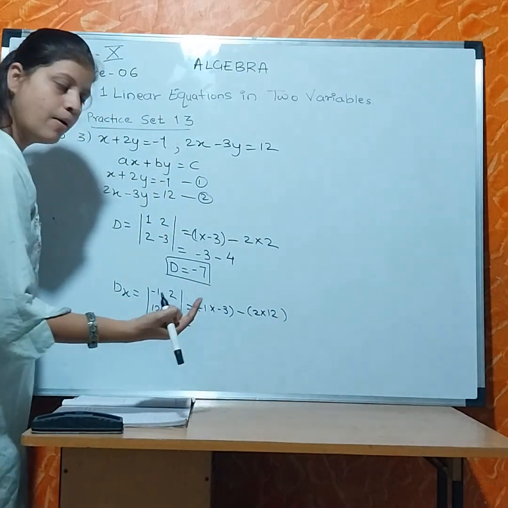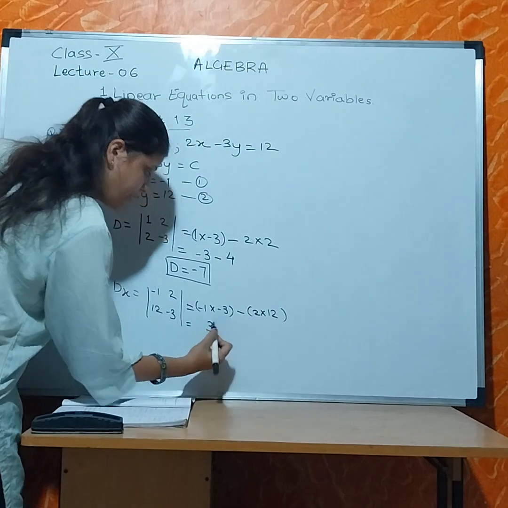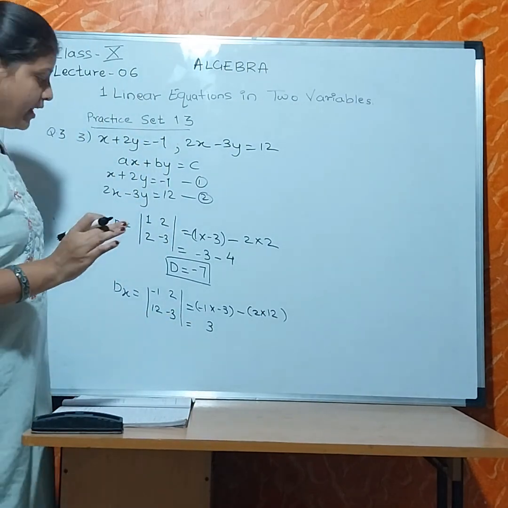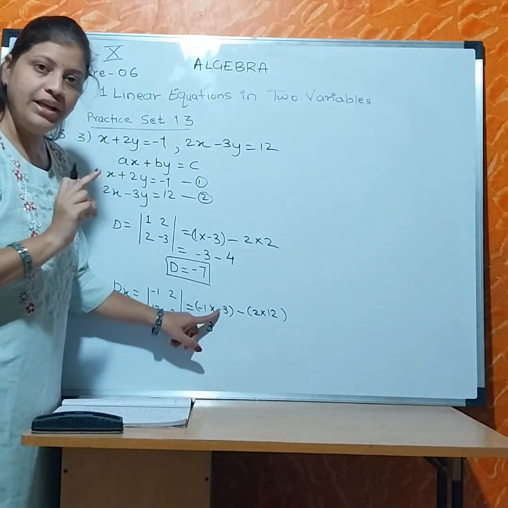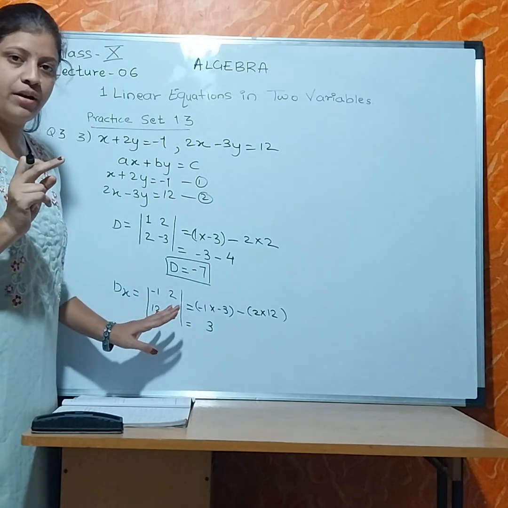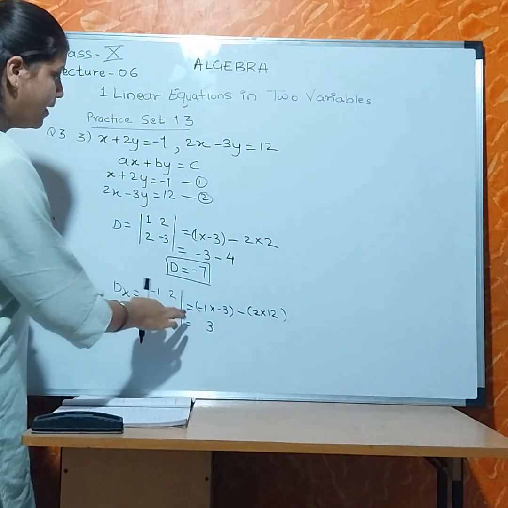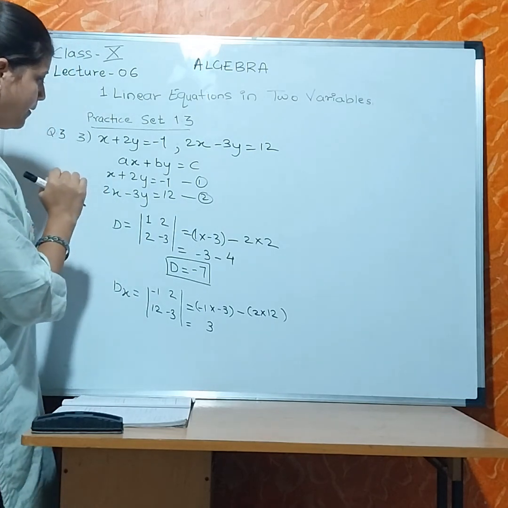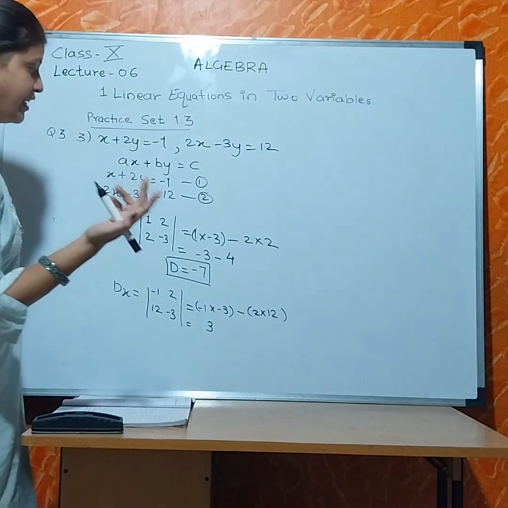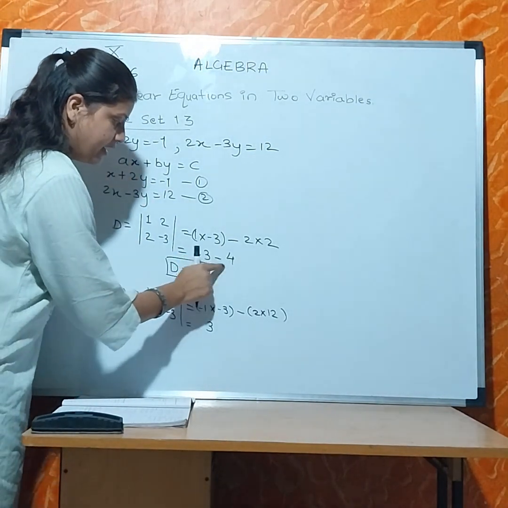Minus minus plus. So 3 into 1, 3. Remember, in multiplication, we never give the sign of the larger number. If minus minus plus, the answer is in the form of plus. But it is not the same in addition or subtraction. See, here it is subtraction.